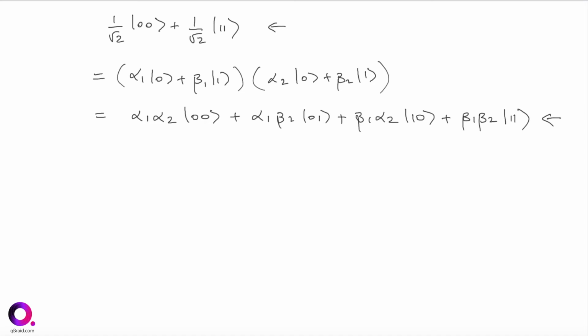What I mean by this is that the ket 0,0 coefficient of the first line, which in this case is 1 over square root of 2, must be equal to the ket 0,0 coefficient of the third line.